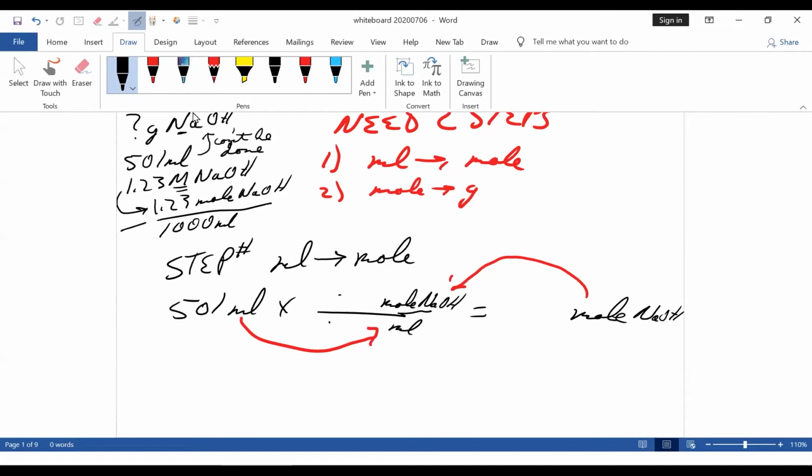From here. 1.23 moles of sodium hydroxide per 1,000 milliliters. And notice milliliters cancel out and I'm left with moles. At this point, I'll pick up my calculator.